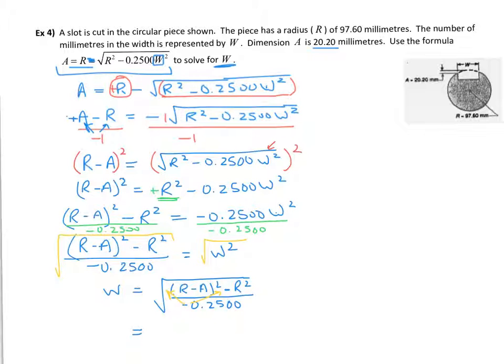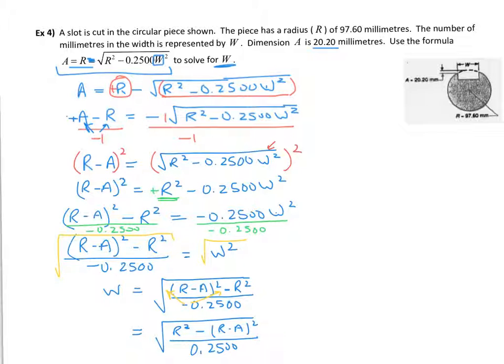So you could potentially see this formula written as R squared minus, that's supposed to be a squared, minus R minus A all squared. So just turning that order around over that, and I believe 0.25 is a perfect square that we could actually square root. So you might even see that written another way. But I think that's pretty good.